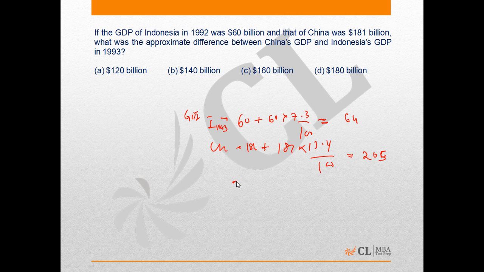Therefore, the required difference is 205 minus 64. This is approximately equal to 141. As we have done the approximation, the required answer has to be close to 140. Therefore, option B is the correct answer.